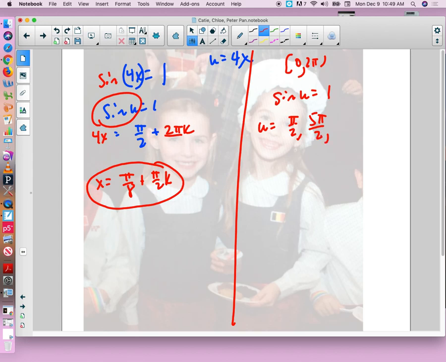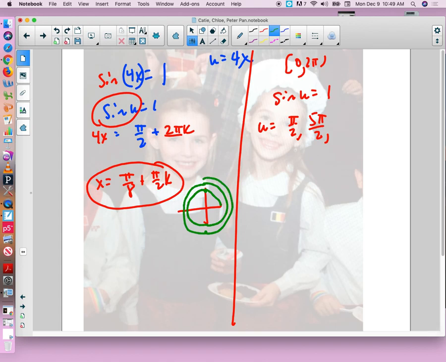You might know it the next time it's going to hit it. This is pi over 2. This is 3 pi over 2. That's how I knew that one was 5 pi over 2. So this one's 7 pi over 2.